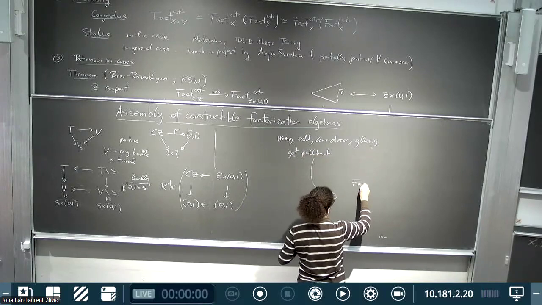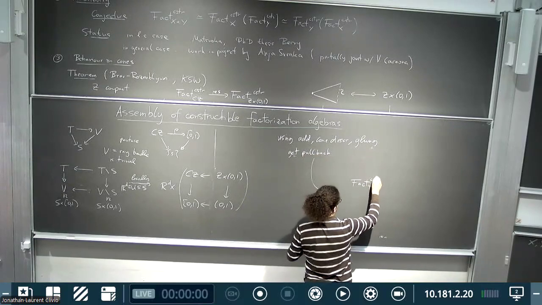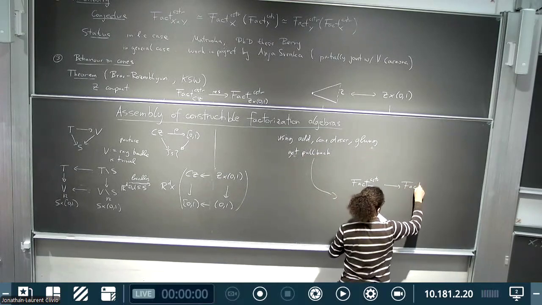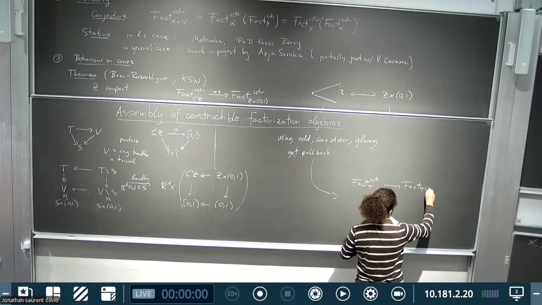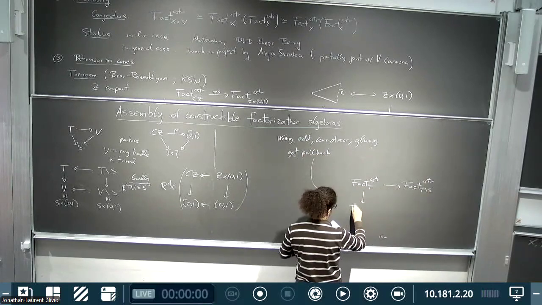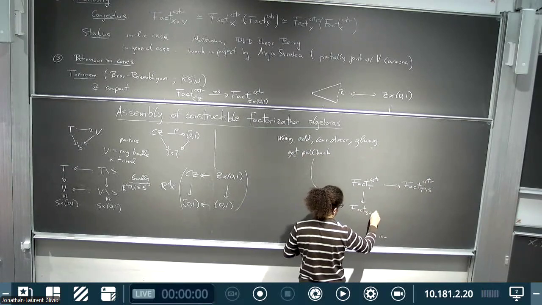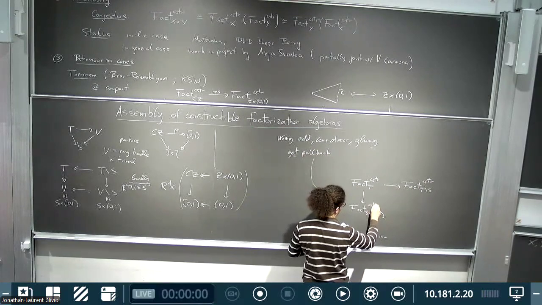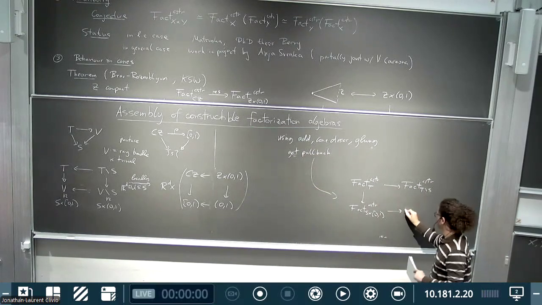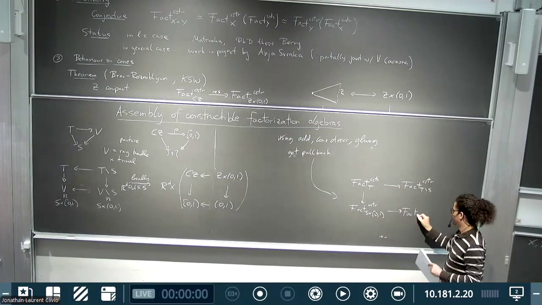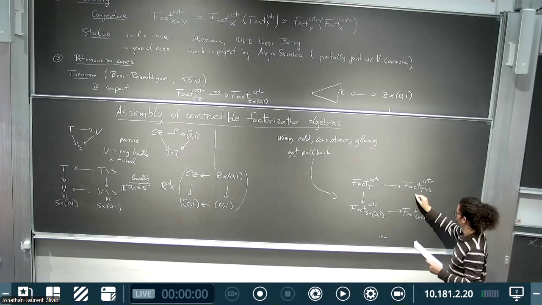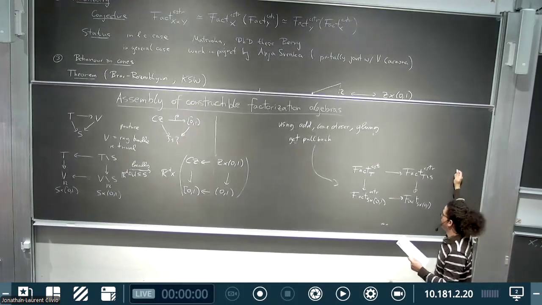So this just says that factorization algebras on T are just the same as saying you have one on T without S, and then one like this. And this will be a pullback.